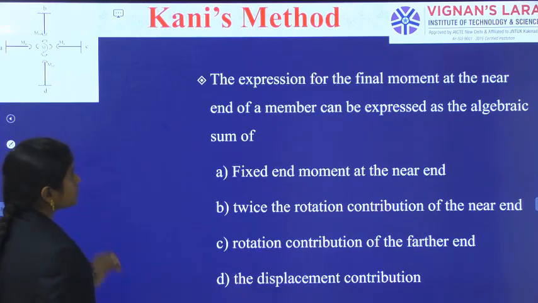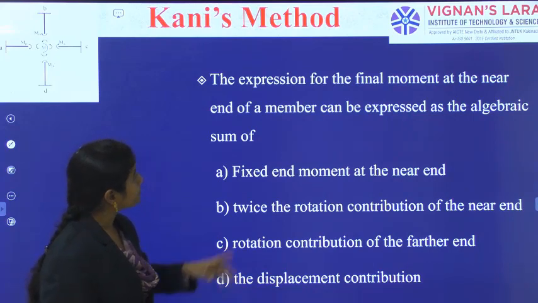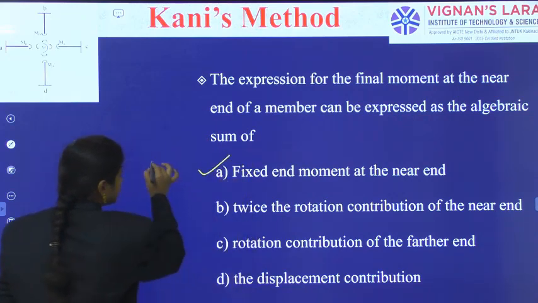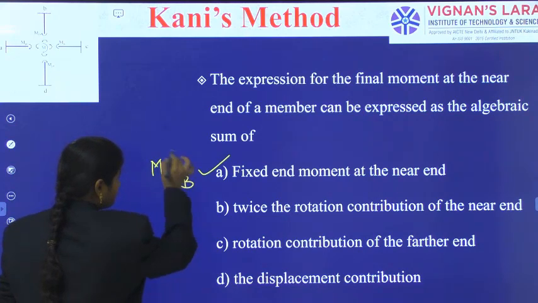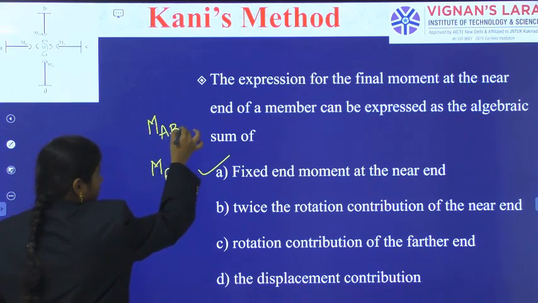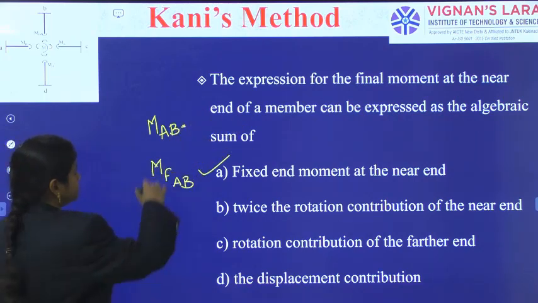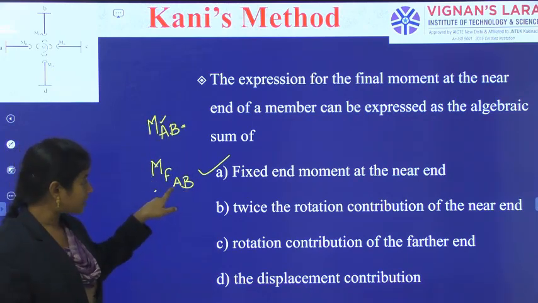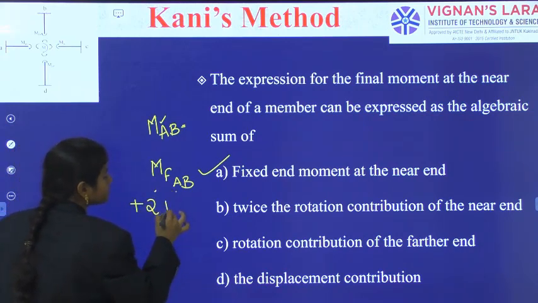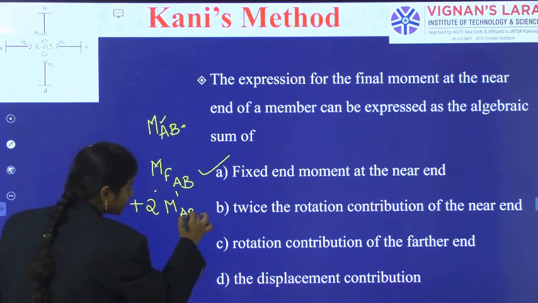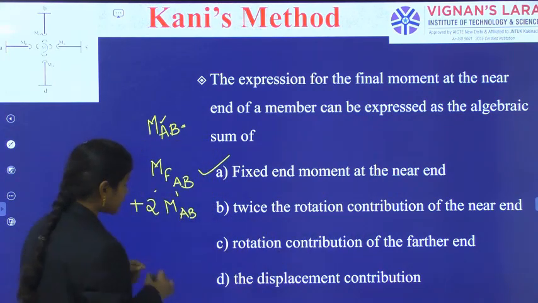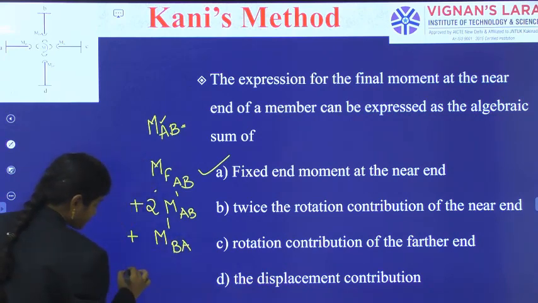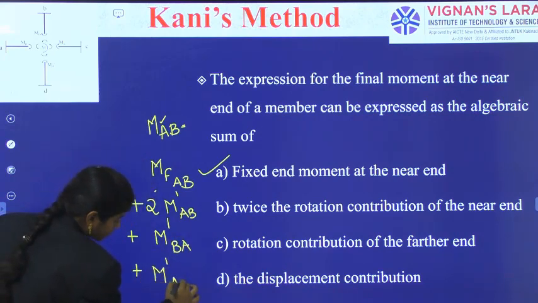Okay. Now the expression for the final moment at the near end of the beam member can be expressed as the algebraic sum of the fixed end moment at the near end plus twice the rotation contribution of the near end plus 1 time the rotation contribution of the far end plus the displacement contribution.